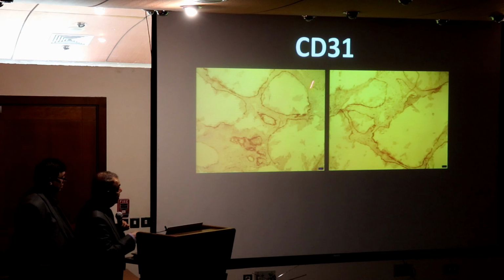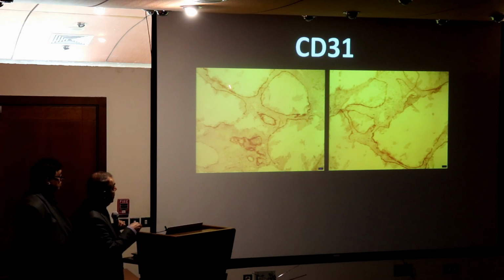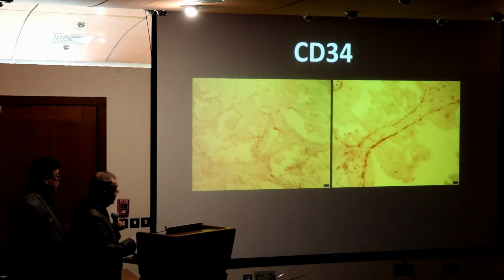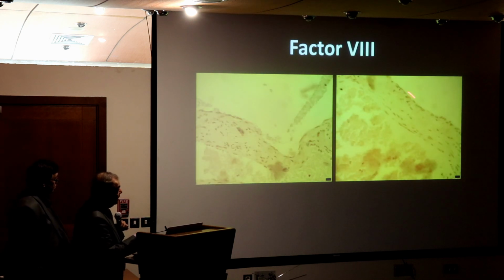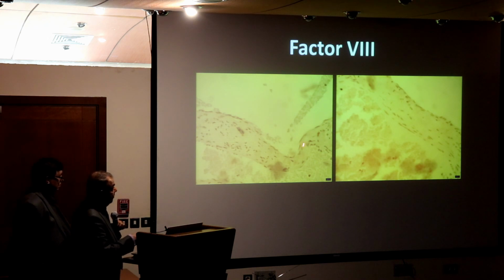We did several immunostaining. CD31 typically stains the endothelial cells, and you can highlight the margins of the tumor. And this is CD34, another endothelial cell marker. All of them have different indications, and you can see the highlight of the markers. Factor 8 is negative in this case. It's another third marker, but it was negative for endothelial cells.